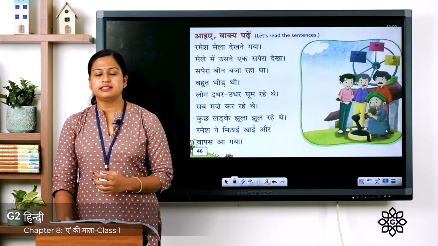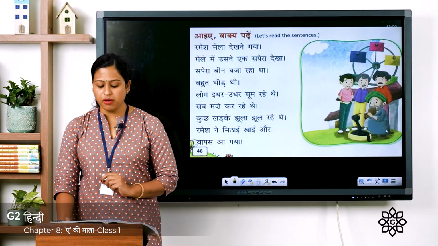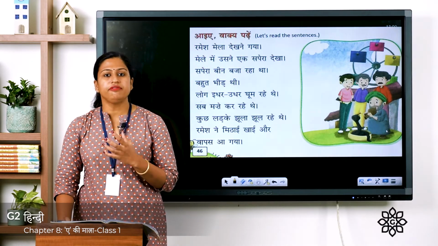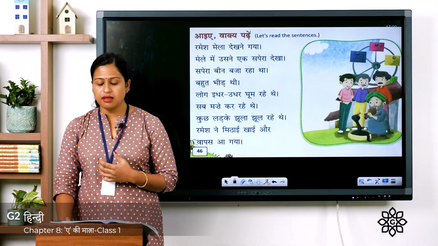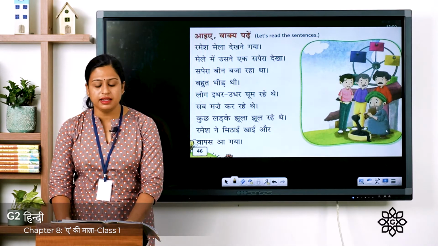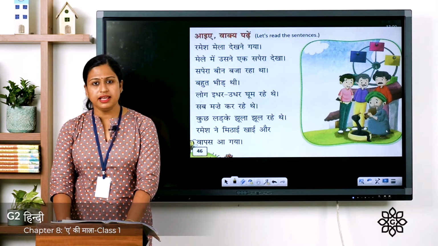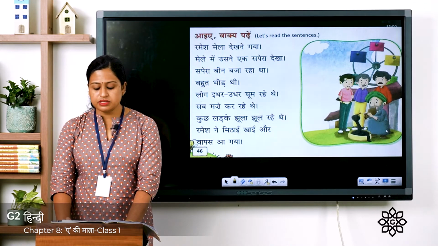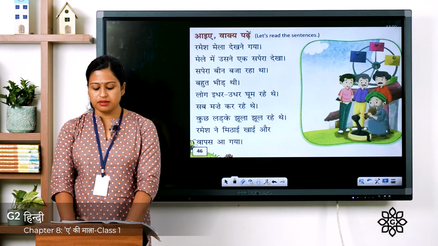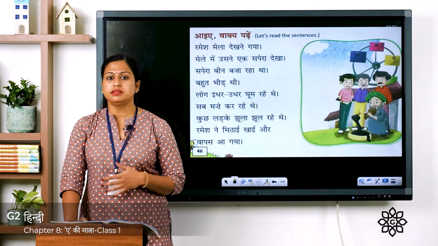Now let's understand the meaning of few words. Here Ramesh is the name of a boy and Mela, it's a fair, and Dekhne Gaya means he went to see that fair. So the meaning of this line is Ramesh went to see a fair. Now next line, मेले में उसने एक सपेरा देखा. एक सपेरा means one snake charmer. देखा means he saw.